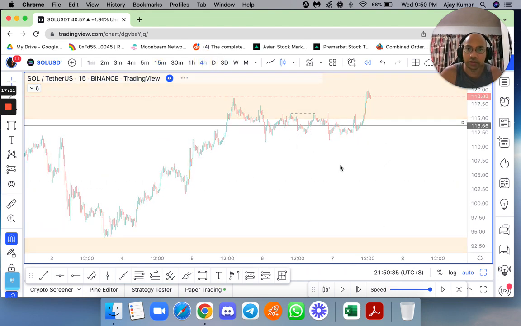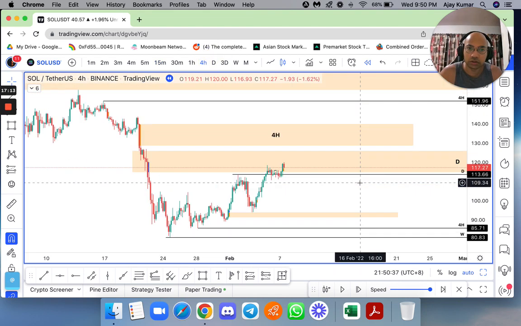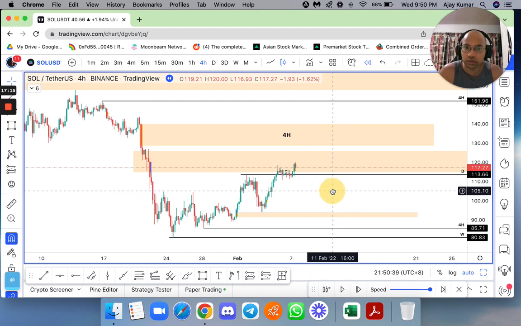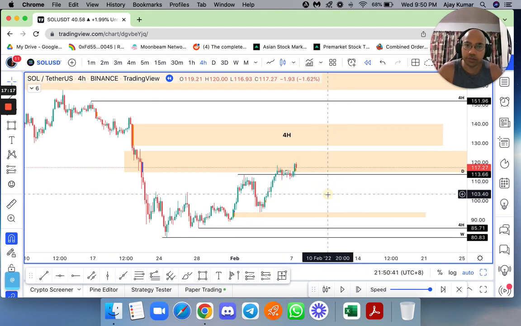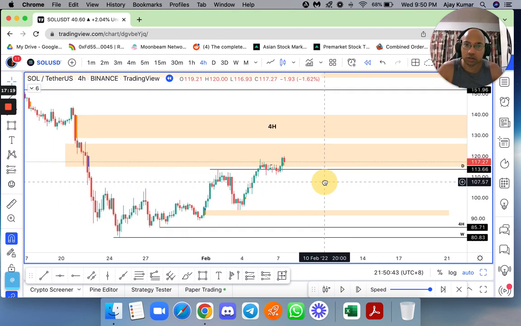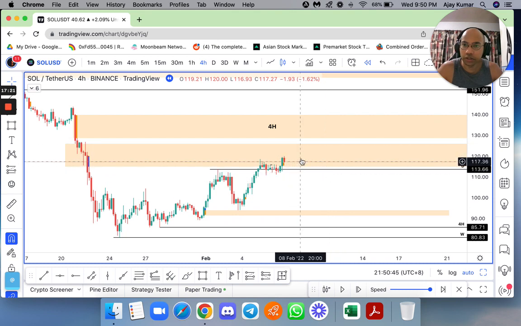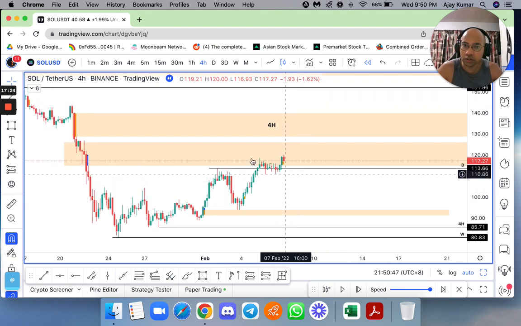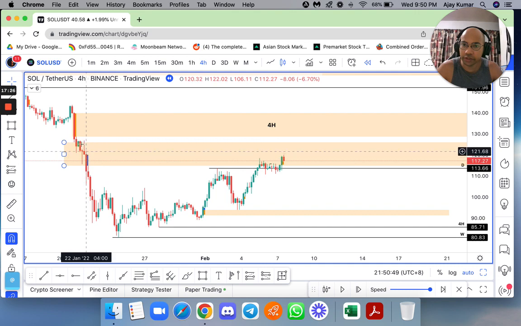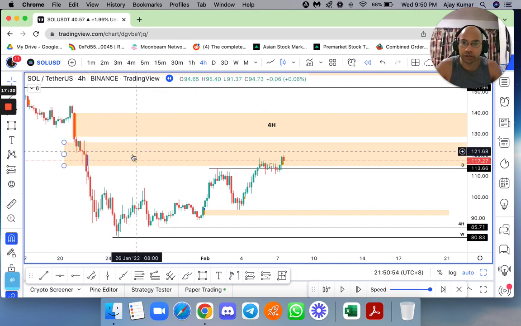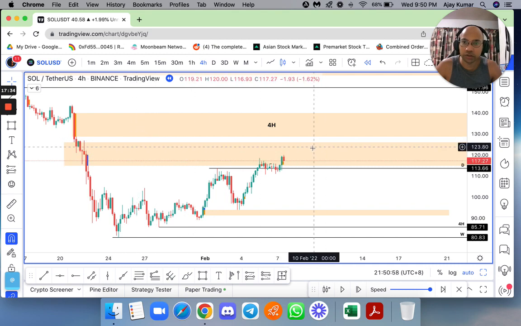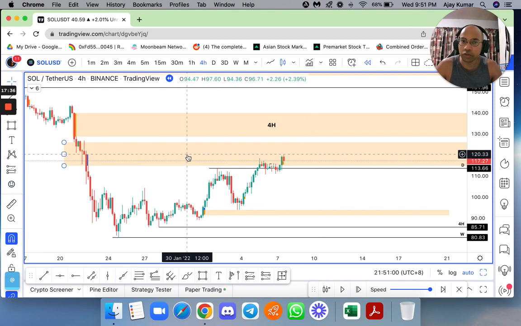Let's see on the 4 hour chart. Price already filled this fair value gap. There's no other fair value gap here. Even this is, I think, the weekly or daily fair value gap, I don't know.